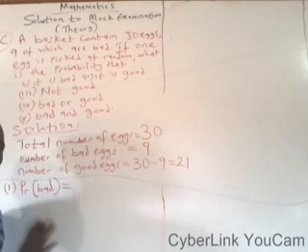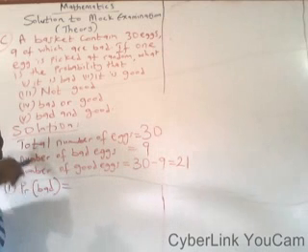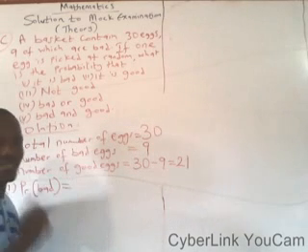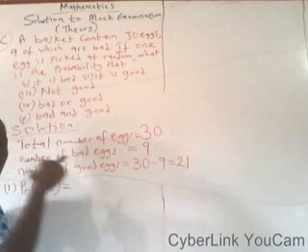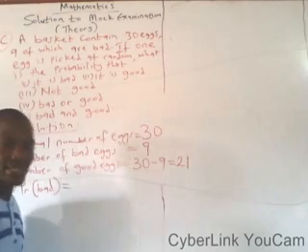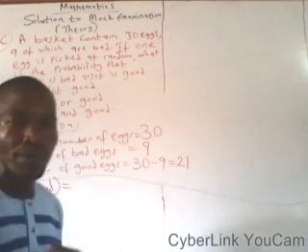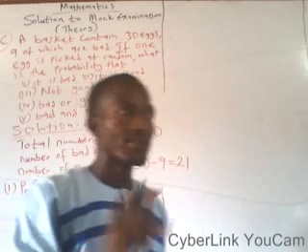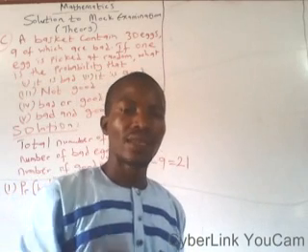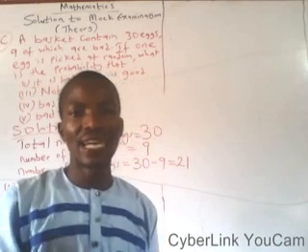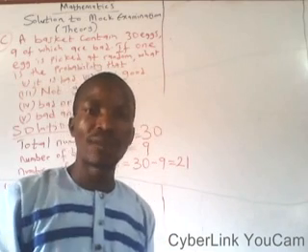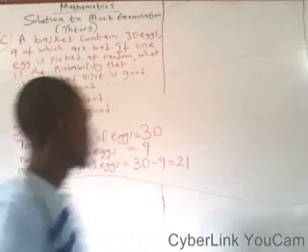We take the number of bad eggs over the total number of eggs. That gives us the probability of bad eggs. Likewise, probability of good is the number of good eggs over the total number of eggs.